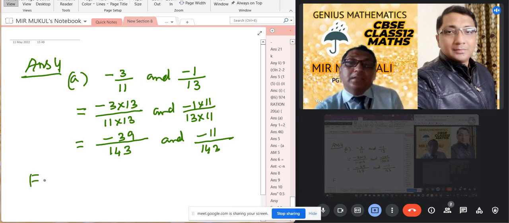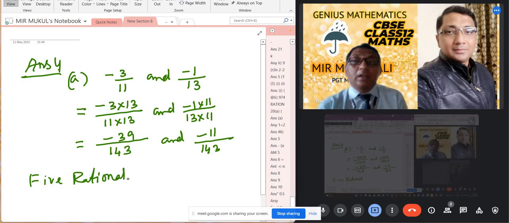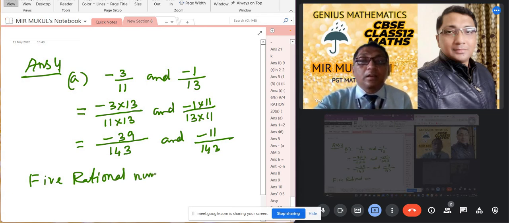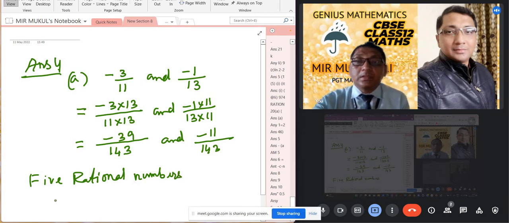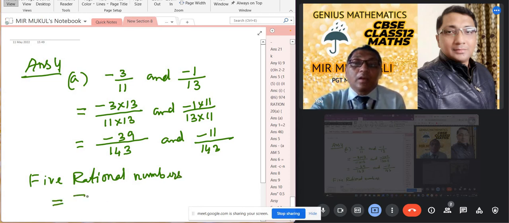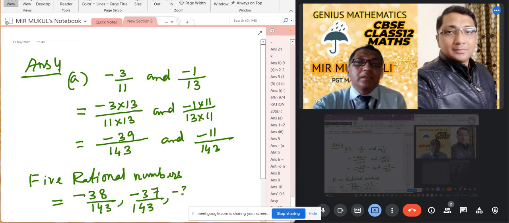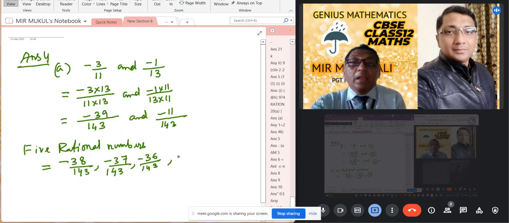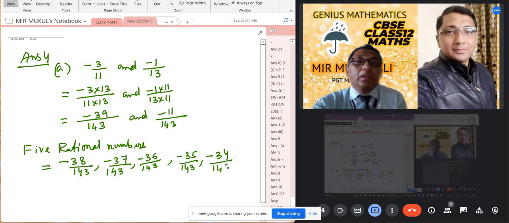Now 5 rational numbers equal to minus 38 by 143, minus 37 by 143, minus 36 by 143, minus 35 by 143, minus 34 by 143.